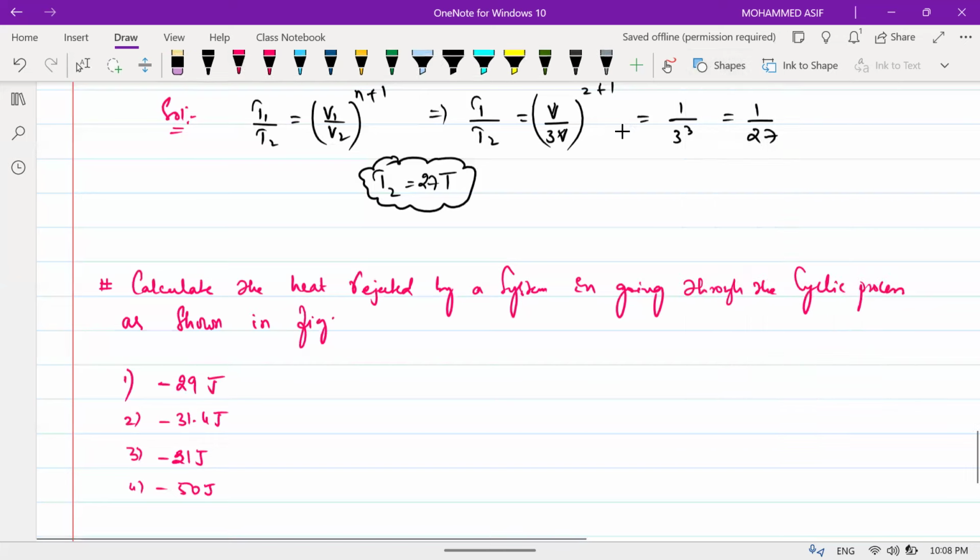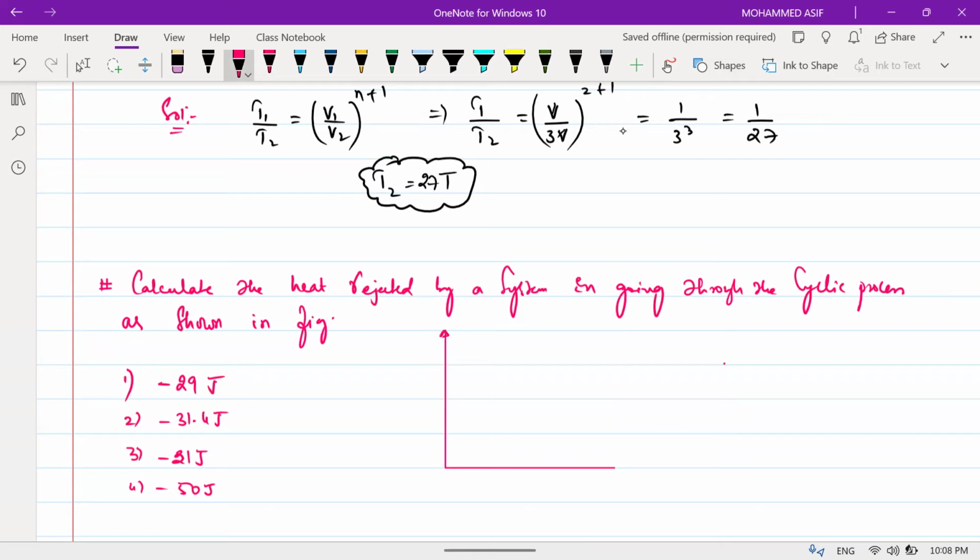Okay, and this is the graph given. This is volume in cc.